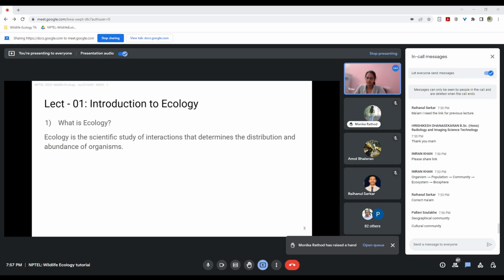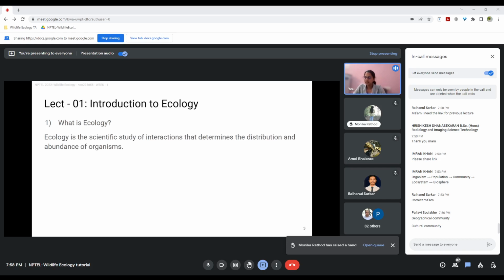So when you are doing any kind of research, you need to see the scale at which you are studying these organisms, and you can make different theoretical extrapolations as to how species will interact at various scales. So if I'm studying a particular bird and how resources affect this bird, like what is the food preference of a particular bird, I'm studying this at an organism or a population level, right?